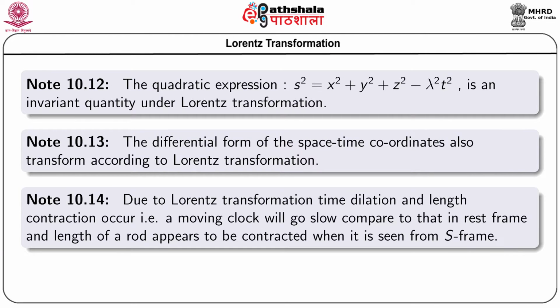Now, this is a very important thing: due to the Lorentz transformation, time dilation and length contraction occur. That is, a moving clock will go slow compared to that in the rest frame, and the length of a rod appears to be contracted when it is seen from the S frame.